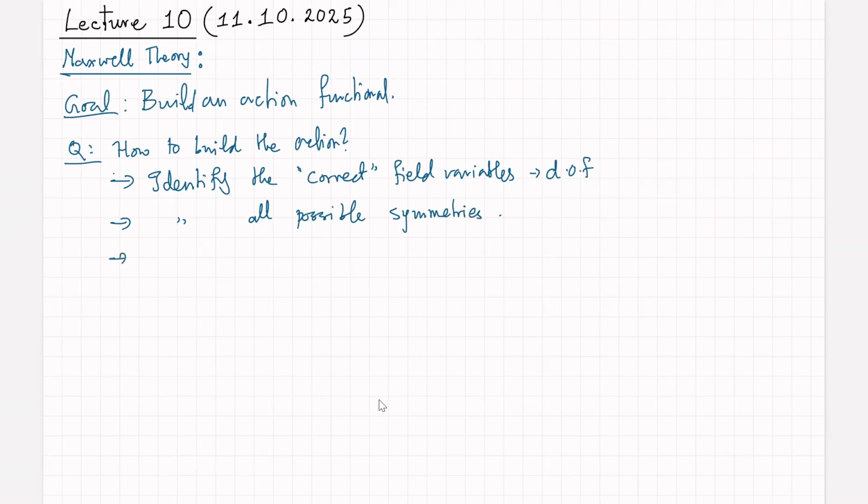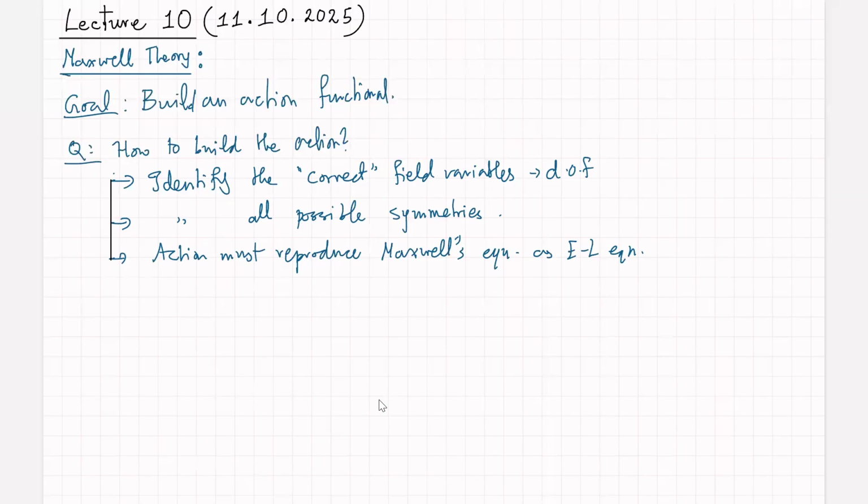And finally, because we already know that the correct dynamics has to be given by the set of equations which are our familiar Maxwell's equations, our action must reproduce the Maxwell's equations as the Euler-Lagrange equations. Okay, these are the standard procedure that you follow for any field theoretic construction, which is the same thing that we are going to follow for Maxwell's theory as well.